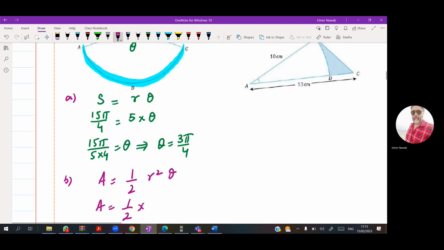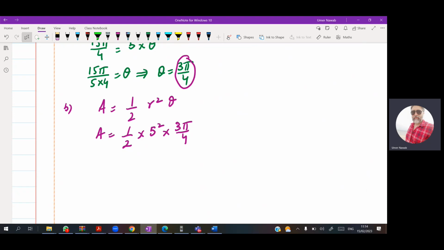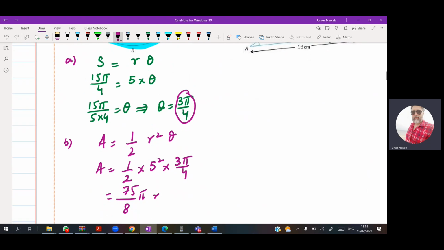Radius is 5 squared, theta I have just found, 3 pi by 4. Again, I request you, don't touch the pi. Don't write 3.142, since the examiner requires your answer in exact form. So simplify. I'm getting 75 over 8 pi, and which unit has he used? Meter. So I'm going to write meter squared. That's all.